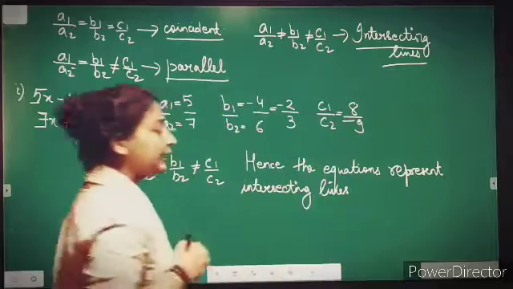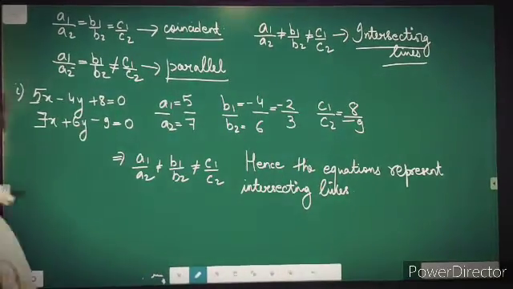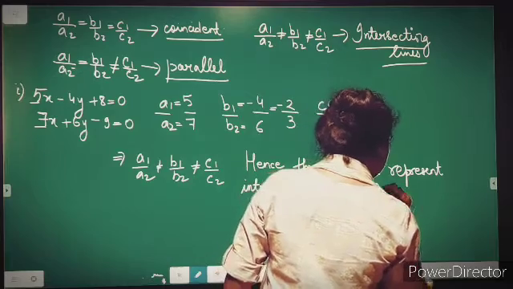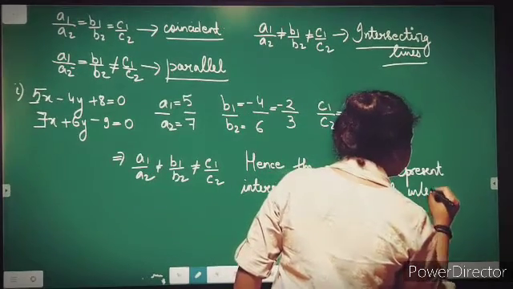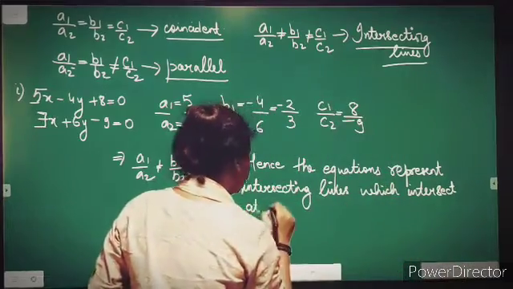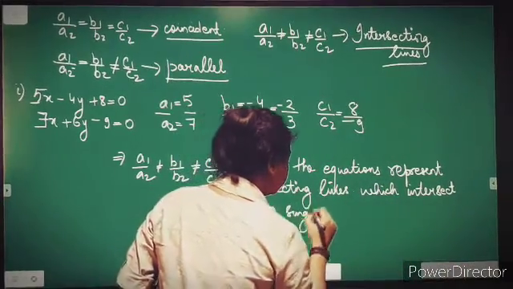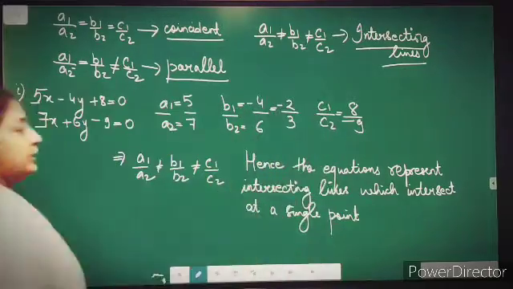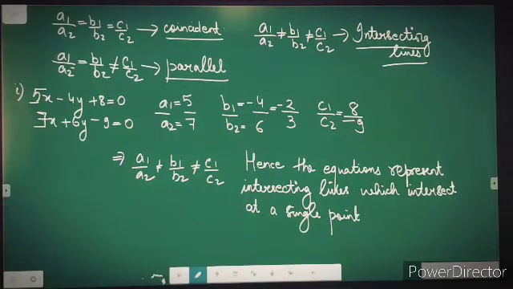And intersecting lines intersect in how many points? Just in one point. This means intersecting lines which intersect at a single point. So this is a solution for the first part.